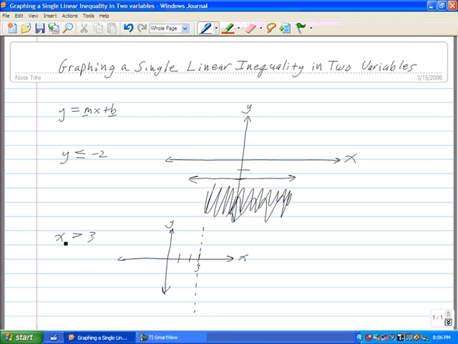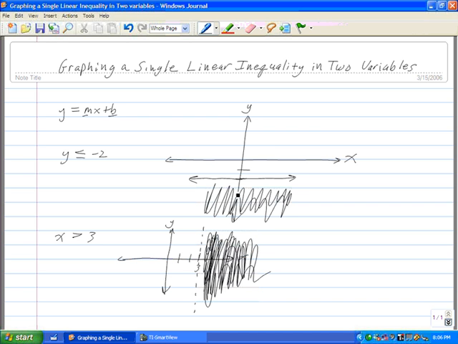Greater than, with the y is above, but on the x-axis, when you're dealing with a vertical line, greater than is going to be to the right, where less than would have been to the left. So in this particular example, I would shade in everything to the right-hand side of that line, and every point in that region would represent a solution to this inequality.